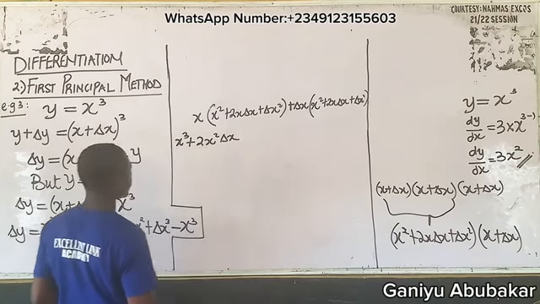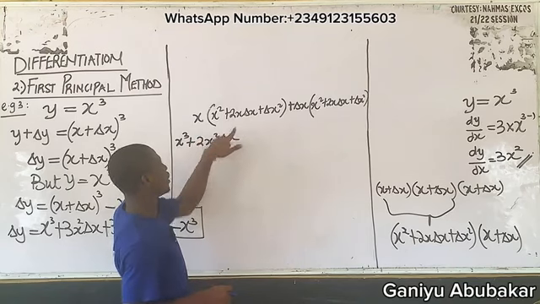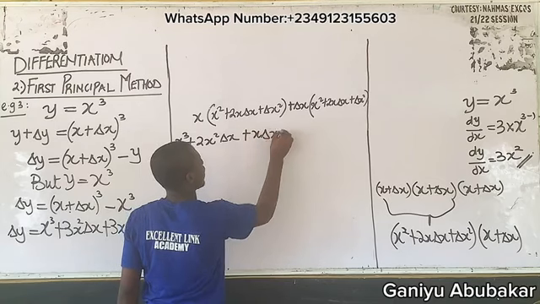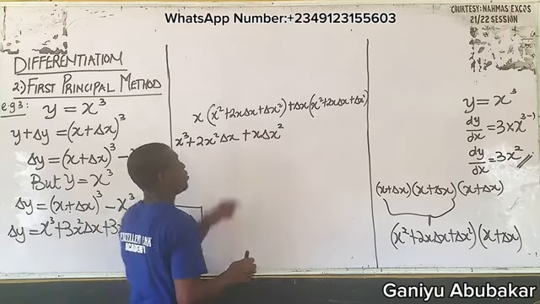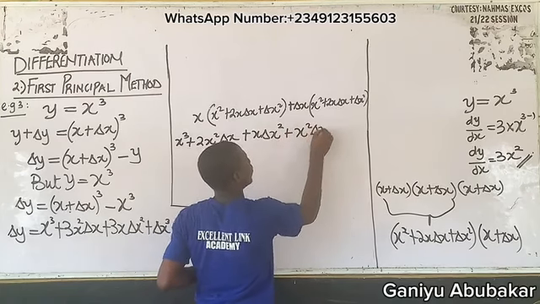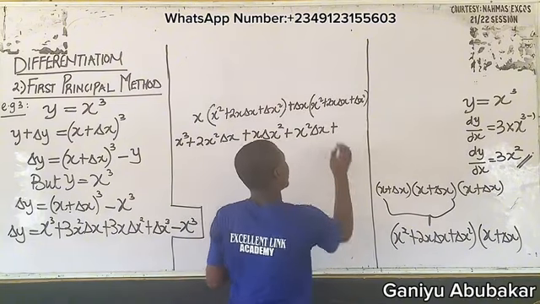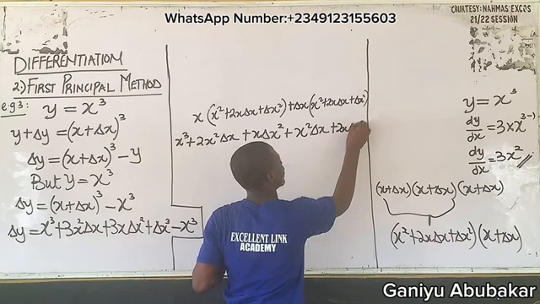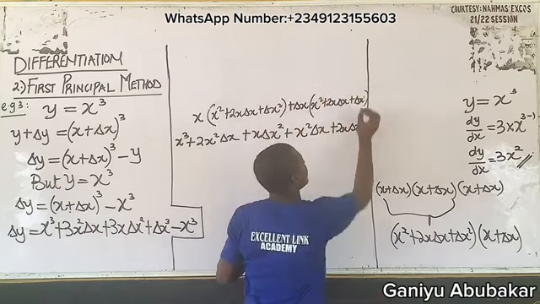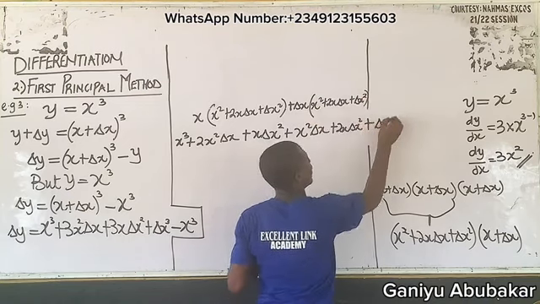Then this multiplied by this is x change in x squared, plus this multiplied by this is x squared change in x, plus this multiplied by this is 2x change in x squared. Finally, change in x times change in x squared is change in x cubed.